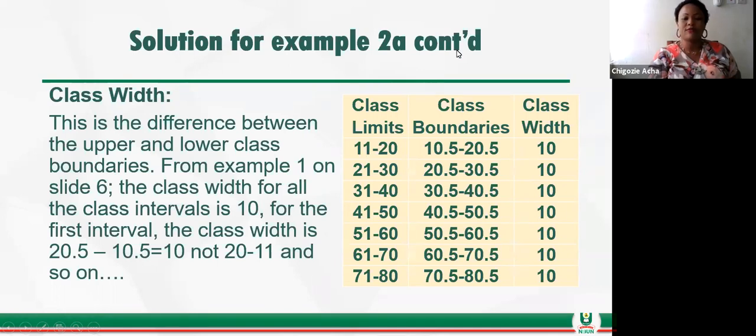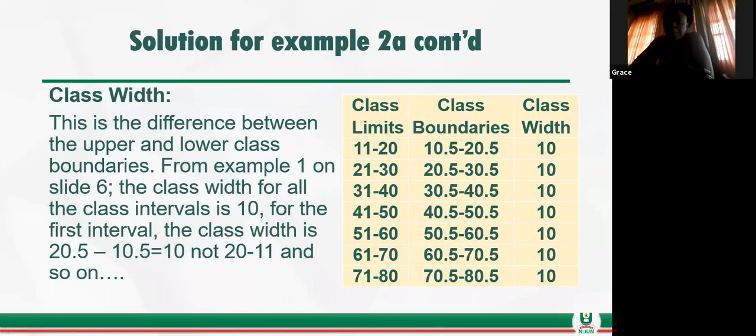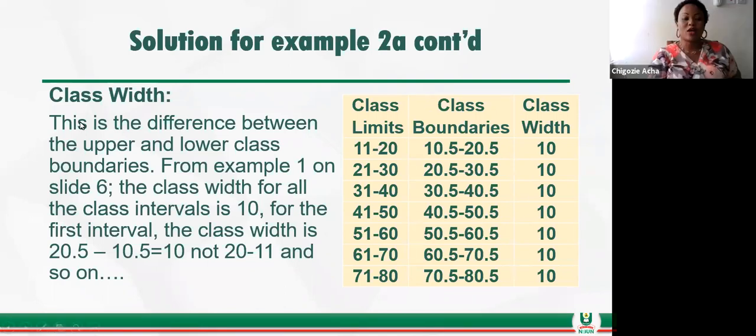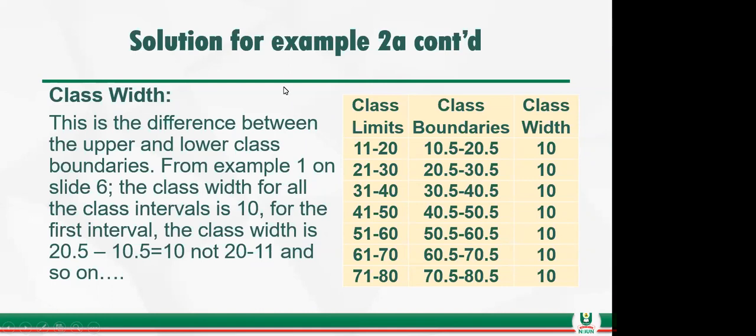Yes, 20 minus 11 will give you what? 9. Good. That means whenever you're calculating your class width, you don't use class limit. Use what? Class boundaries.